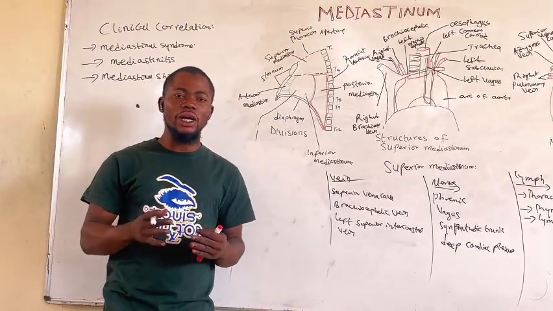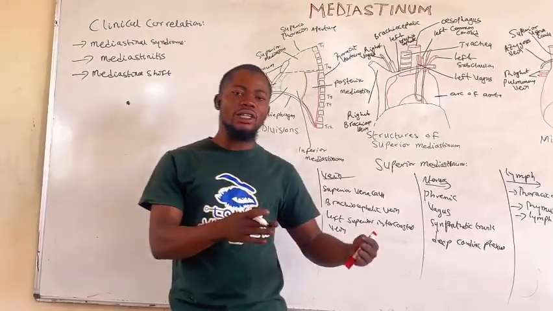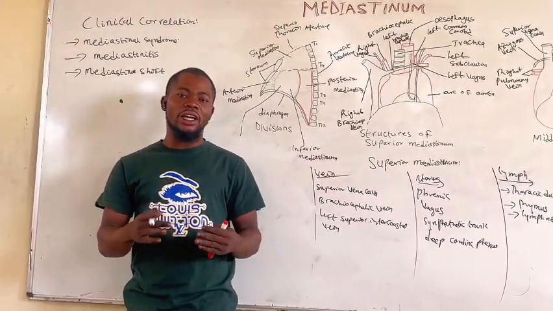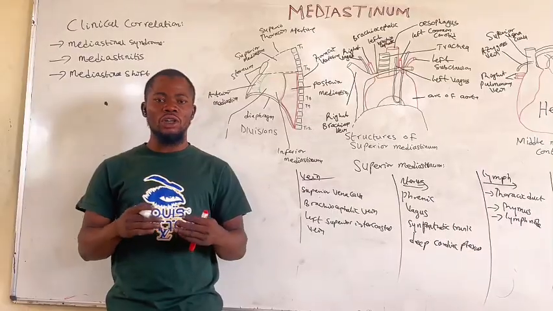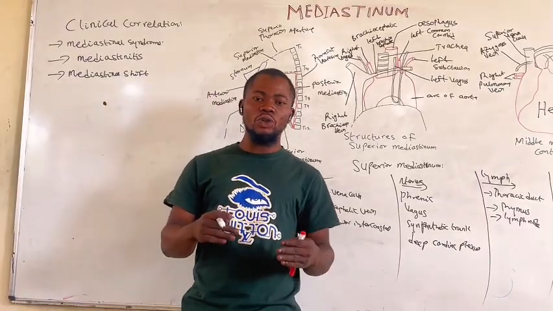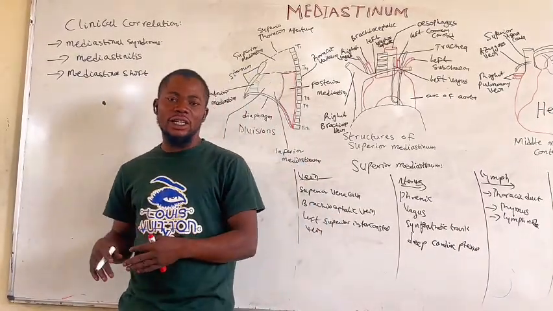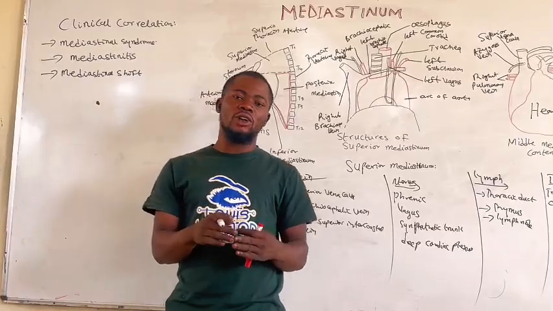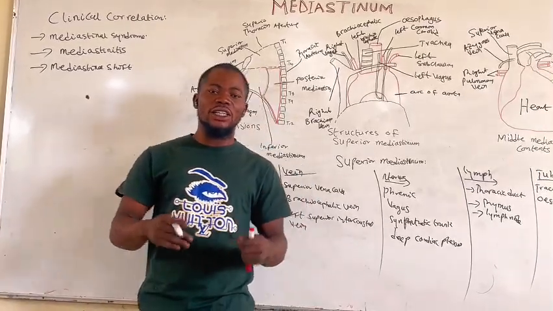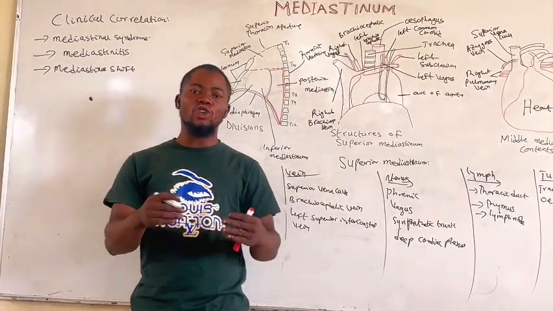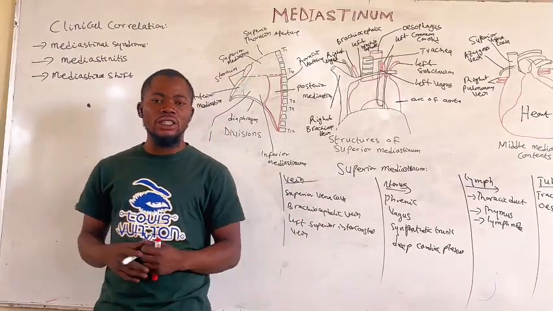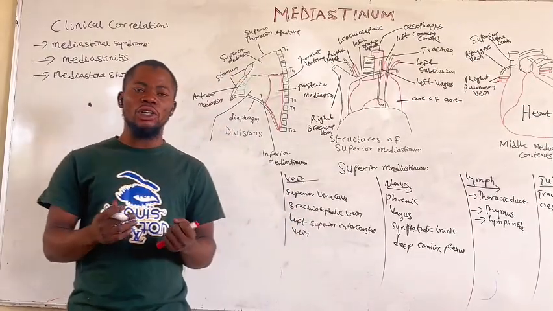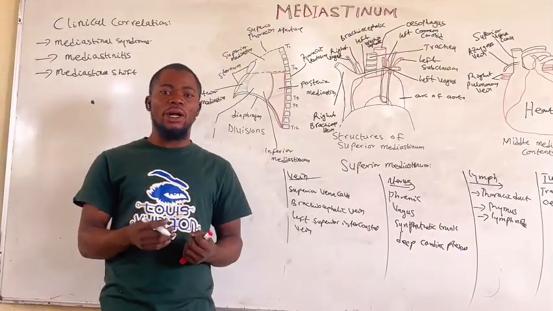The mediastinum usually shifts to the affected side if there is a decrease in the intrapleural pressure, as in the case of the collapse of the lung, and the mediastinum can also shift to the healthy side, as in the case of pneumothorax or hydrothorax. In this case, there is an increase in the intrapleural pressure on the diseased side, so the mediastinum shifts to the healthy side, and it is very important because it indicates a lung pathology.